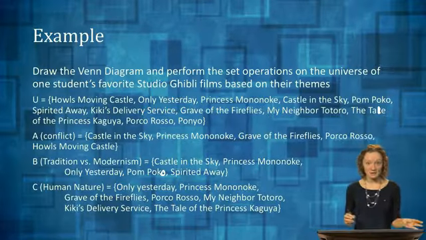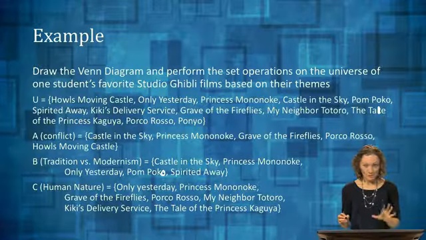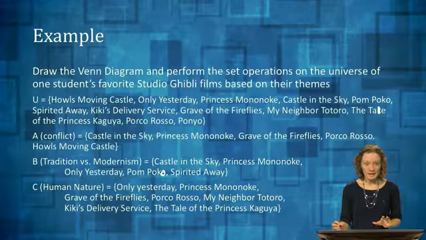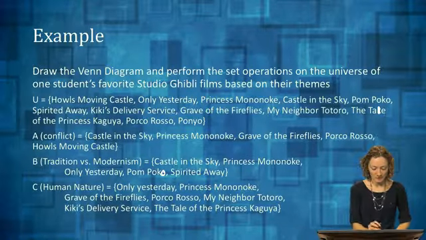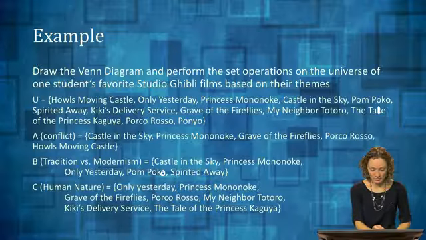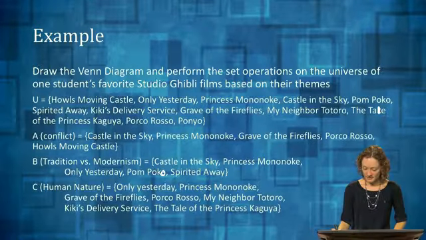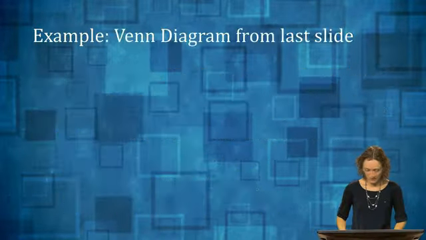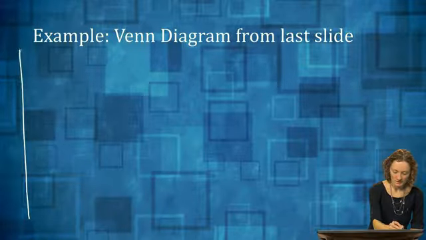So on the next slide, we're going to fill in the Venn diagram. Not enough space to do it all in one place. So remember, we have to identify each item from the universe. We're going to start with Howl's Moving Castle, and you're going to have to flip back and forth between the slides to look. Howl's Moving Castle specifically is in set A, and it looks like only set A. So let's start to draw this Venn diagram.